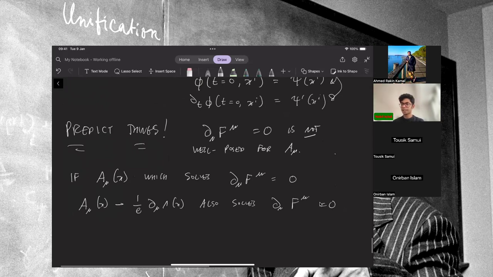Let's just check why. We take this and plug it into here, but of course F doesn't care about this piece at all, so F is exactly the same.